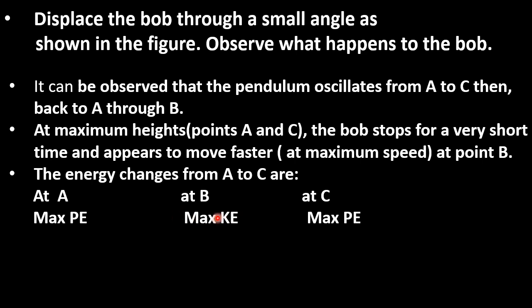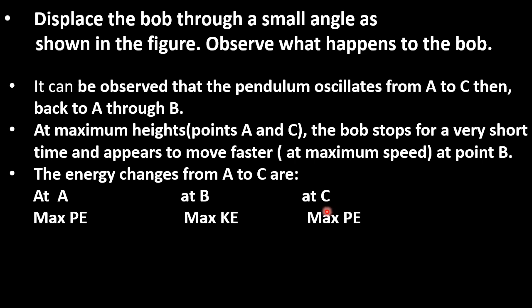And at point C it has maximum potential energy again. So the bulb has its maxima at A and at C. Maximum potential energy at A and at C, because that's where it gains its maximum height.